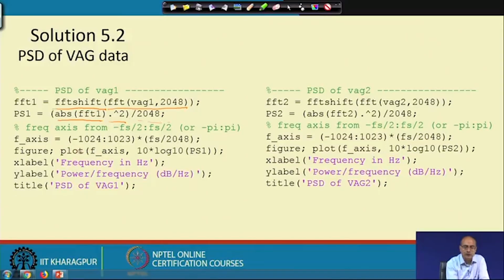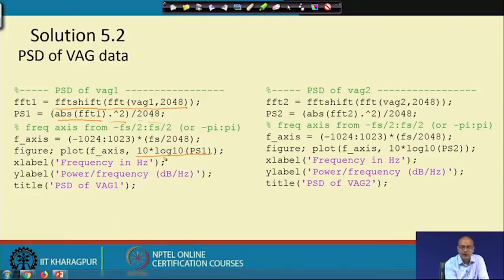We have how many samples? 2048 samples. So, we have the samples starting from minus 1024 to 1023, times Fs by the total number of samples. Okay. That is the way we create the frequency axis, and we plot the PSD in the log scale, or to be more precise, in the dB scale.